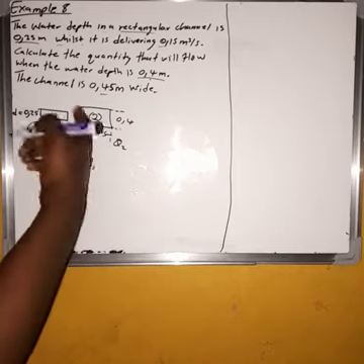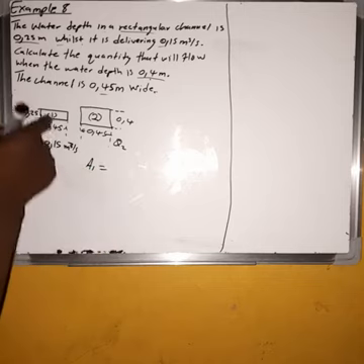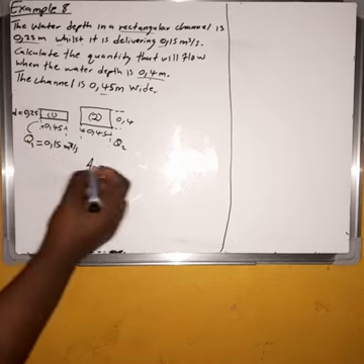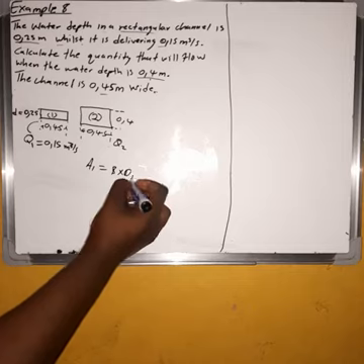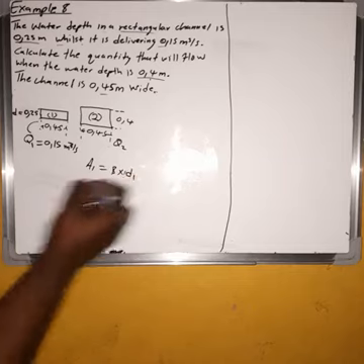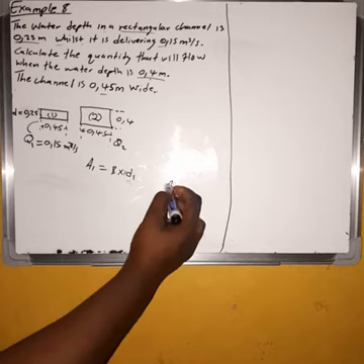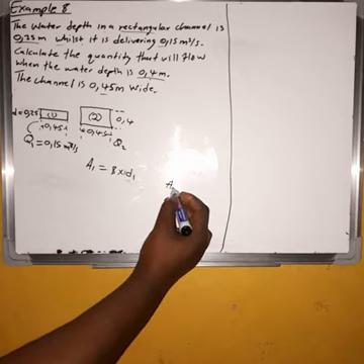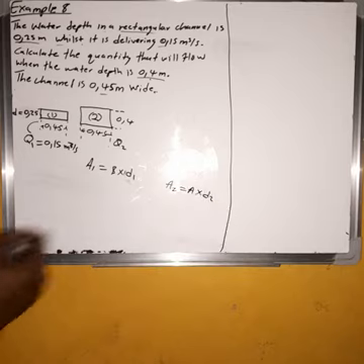Area 1 is this rectangle. We know the area is base multiplied by depth, so area 1 is base times depth 1. Also, area 2 is base multiplied by depth 2.